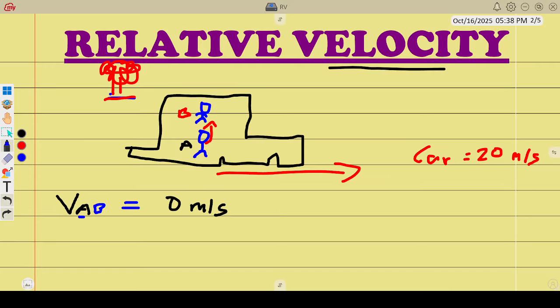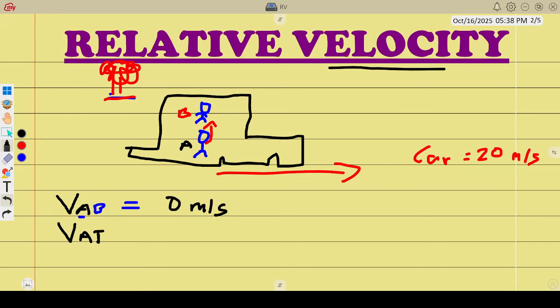So now, what is the velocity of person A when person A looks at the tree? So I'm going to say A relative to the tree. Here for the tree, we usually use the letter E for earth.